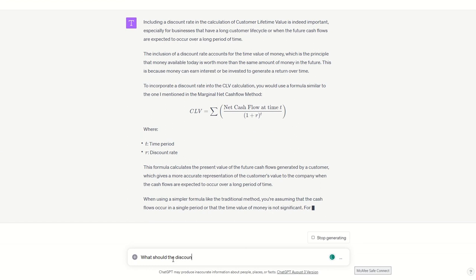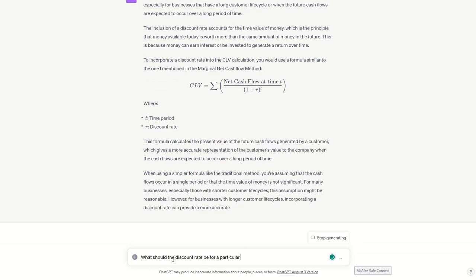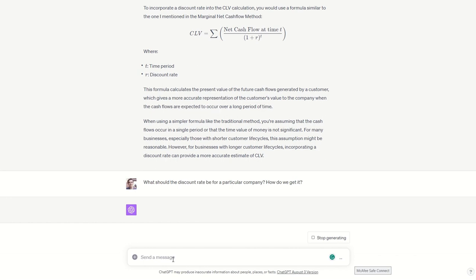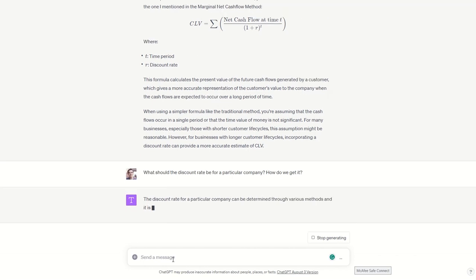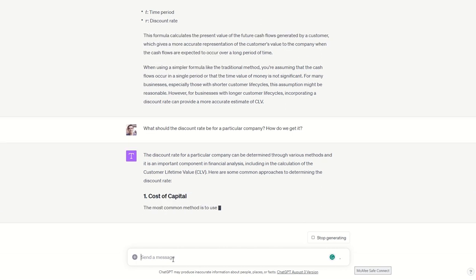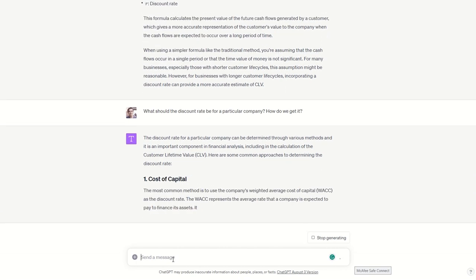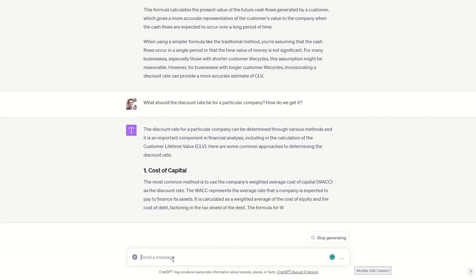Should the discount rate for a particular company, how do we get it? Yep, it's fair. So it is saying weighted average cost of capital is a good way to do it.